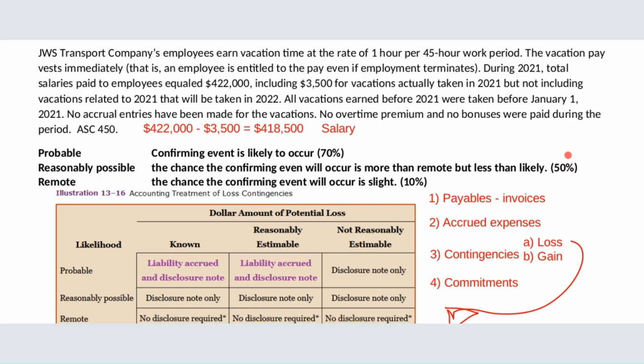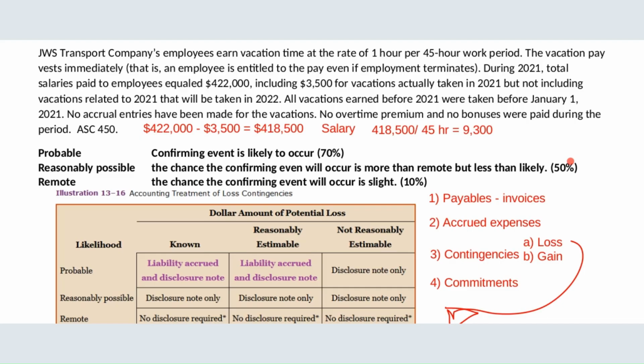Again, this is a very simplified example, because in the real world you have different salary or hourly scales for your employees. That doesn't mean everyone's going to be earning the same amount, right? But it's okay, we'll go with this. This is just to understand the recording of the accrual.